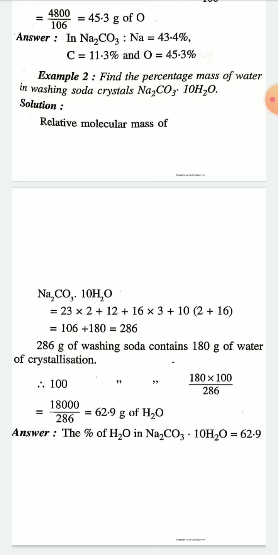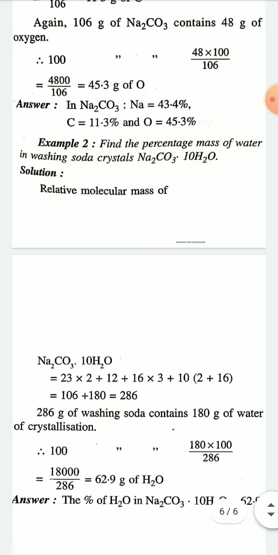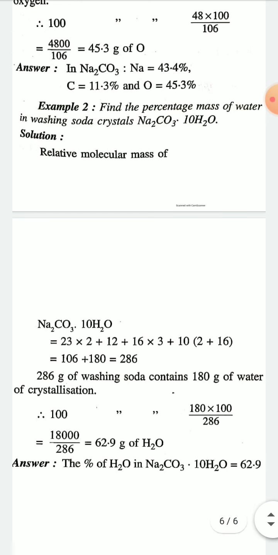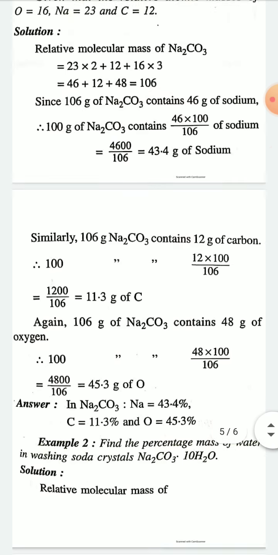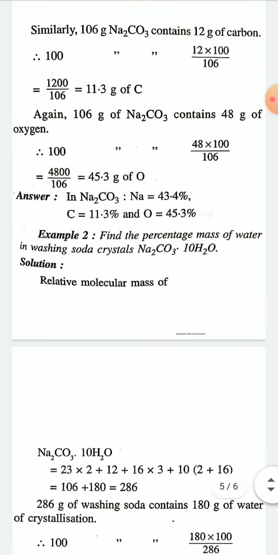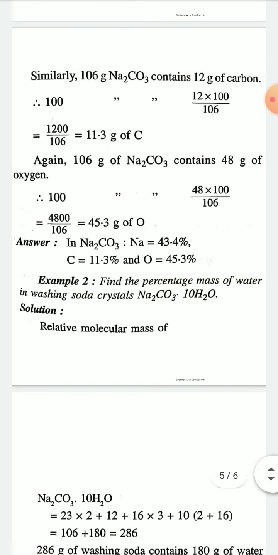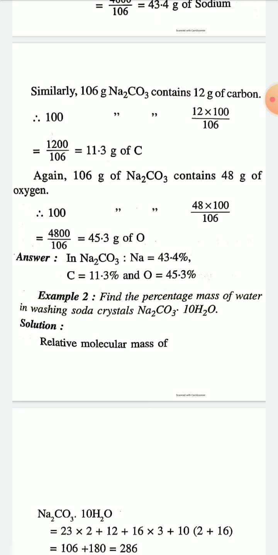So 286 gram of washing soda contains 180 gram of water as water of crystallization, because according to the formula of washing soda, Na2CO3 dot 10 H2O, there are 10 water molecules. One H2O molecule means 18, so 10 H2O molecules means 180.